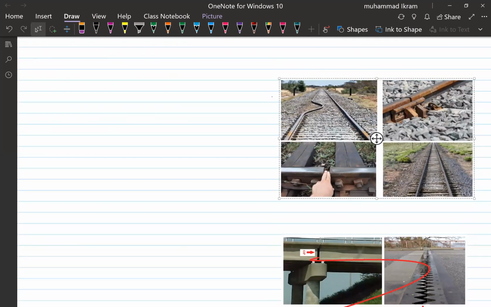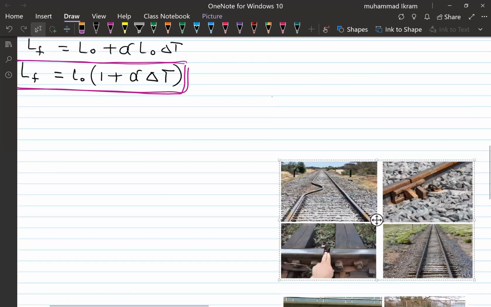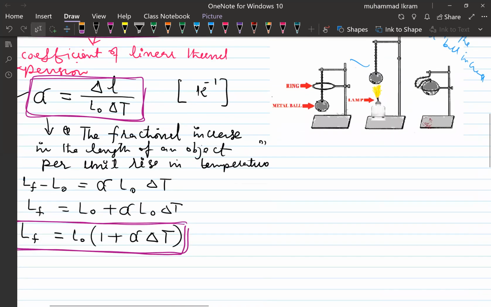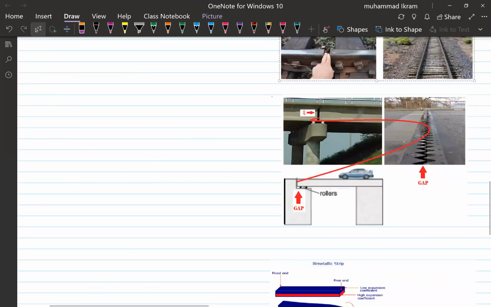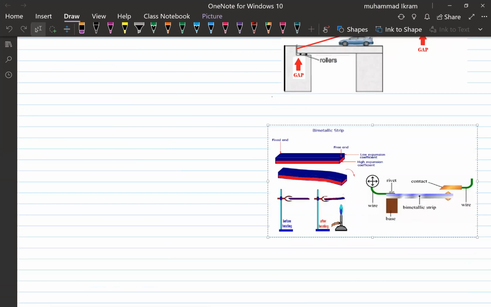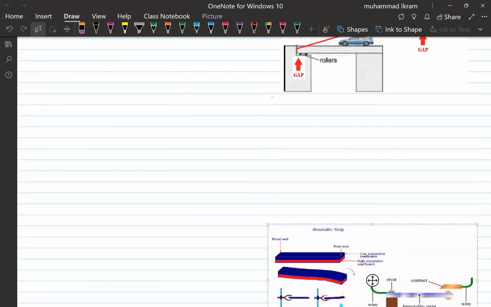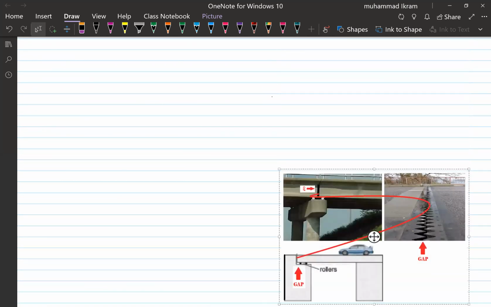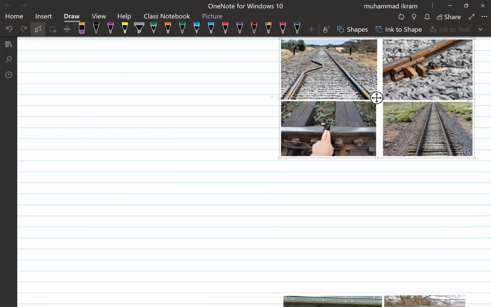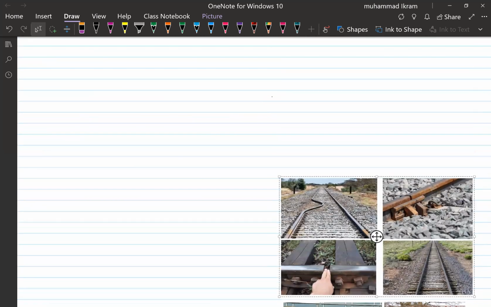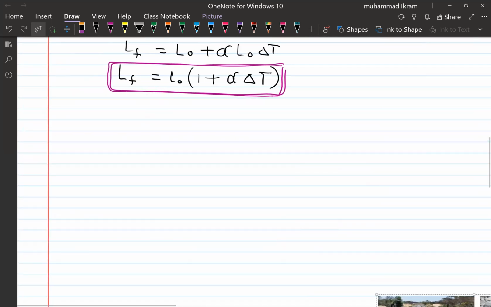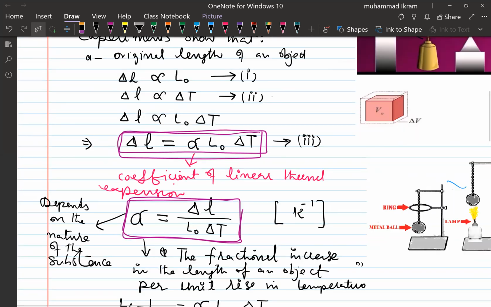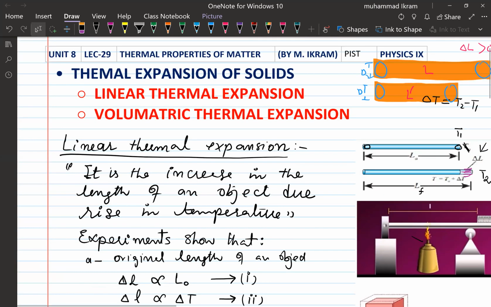As you have seen in the case of the sphere, in the same manner this happens to the other parameters of the substance also. And this is what we now want to study, the volumetric thermal expansion.